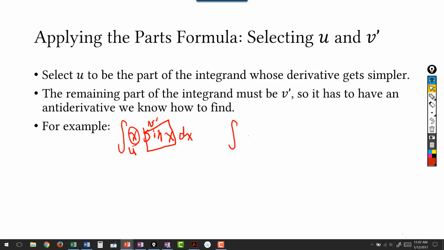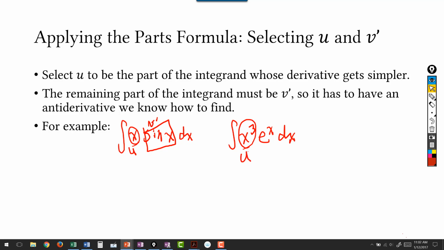In our second example, we had something like x cubed times e to the x dx. If I let u be e to the x, its derivative is itself. It's not really simpler. It's no worse, but it's not simpler. X cubed, however, if I take the derivative of x cubed, I would get 3x squared.